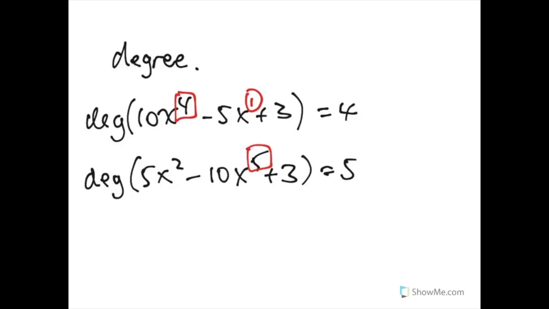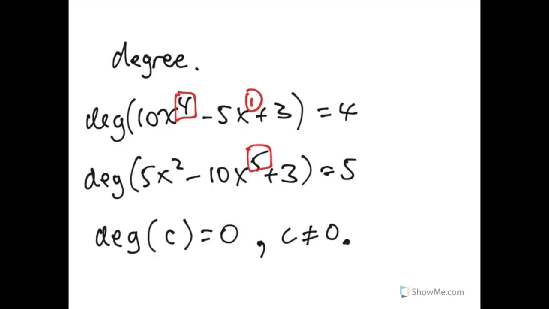Of course, it is defined that the degree of a constant c is equal to 0. However, we have to be careful here because we cannot let c equal 0. This is an exception because 0 is just a very special case. And if we define degree of 0 to be 0, we are going to run into problems later on.